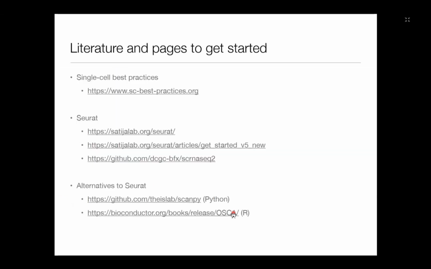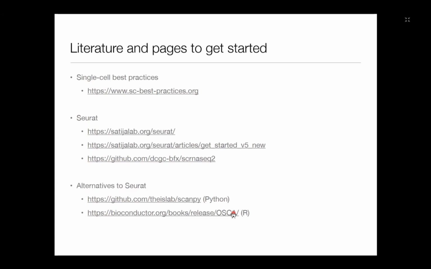What we do often is to look into the single cell best practices book, just for us to look up, because it changes over time also what's best to do with a single cell analysis. Then there are toolkits out there that you can use. I am an R person, so I decided to use Seurat.